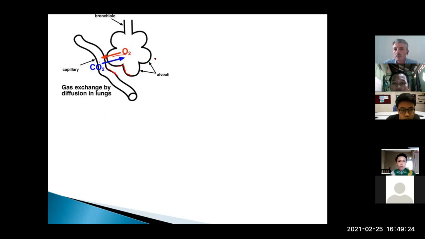Both the alveolus wall and the capillary wall are 1 cell thick. So the minimum distance. This one is oxygen, this one is CO2.